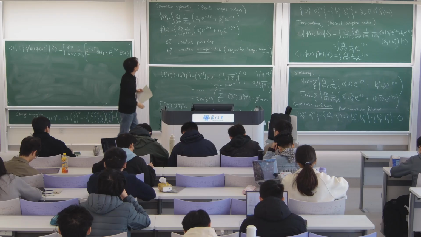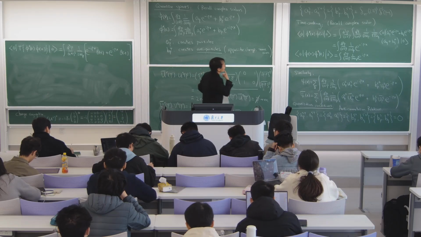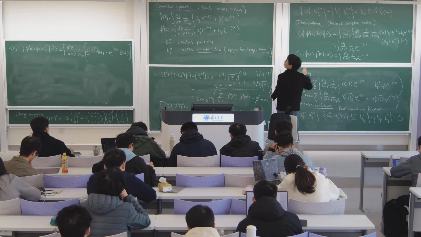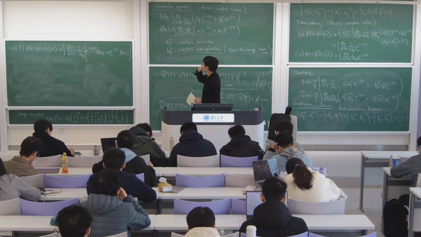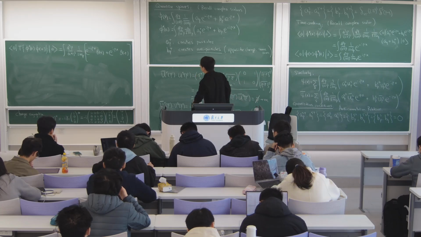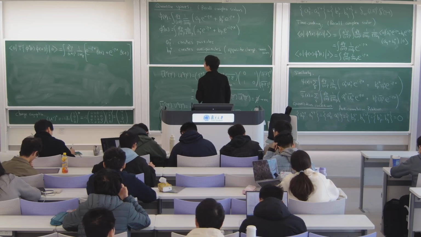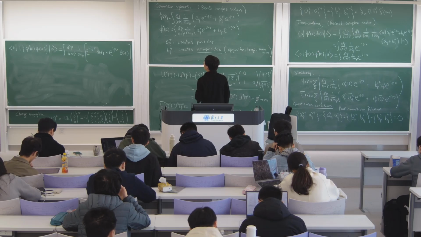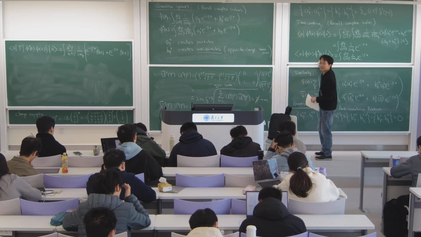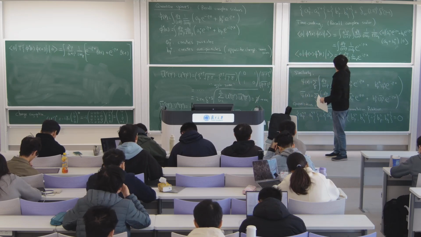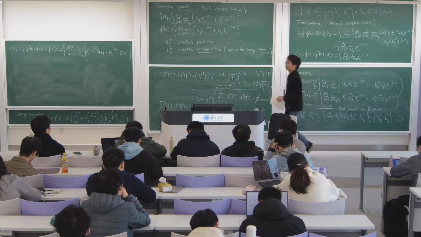Did I write it correctly? The plus ip·x goes with theta of minus t, meaning when t is negative. So yes, it's correct, right? That's the theta of minus t piece.